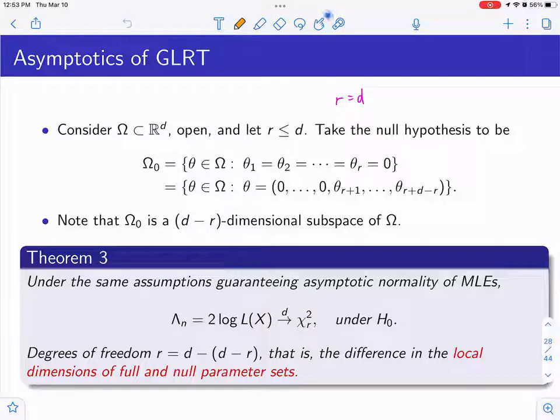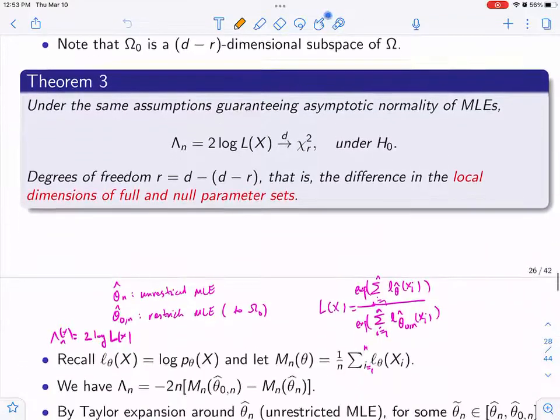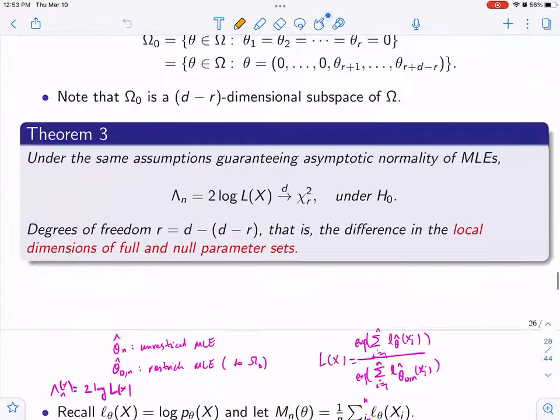You can also think of it as the number of constraints you need to go from the full parameter space to the null parameter space. This is a very interesting result, because then you don't have to worry about how to set the threshold. You just look at the quantiles of the chi-squared with r degrees of freedom.